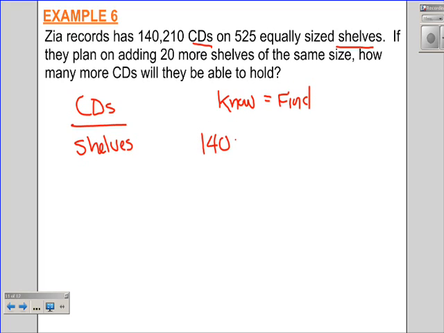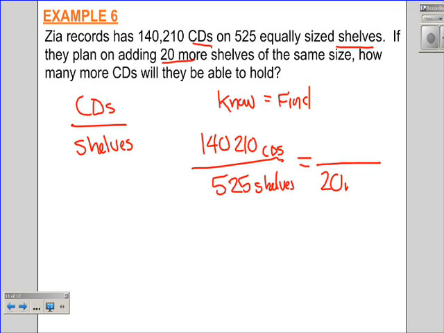So what do I know? I know 140,210 CDs on 525 shelves is equal to, and I know the 20 more shelves, so just shelves, and I'm trying to find some x number of CDs.